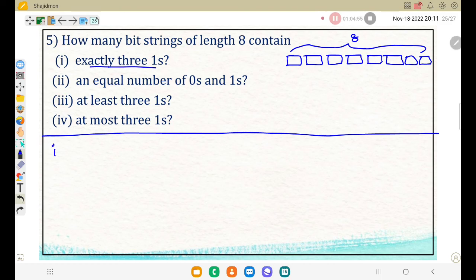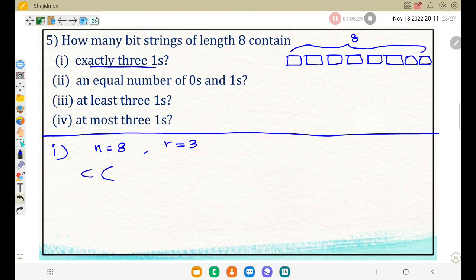So first, how many slots in total? How many slots do we need to fill? 3 slots, so r equal to 3. 3 slots filled with 1, 1 1 1, like that. So what is the combination? Combination of totally 8 objects, sorry, not 10, 8 slots here, so n equal to 8.